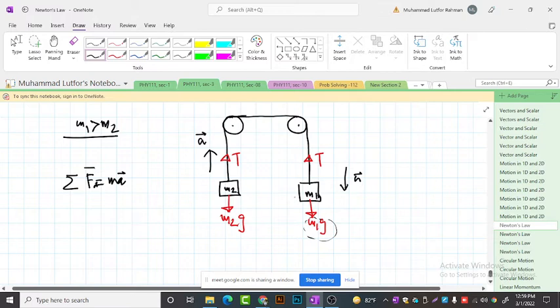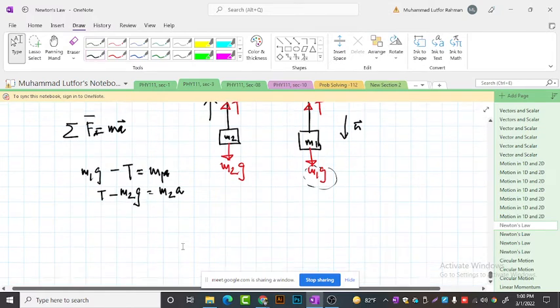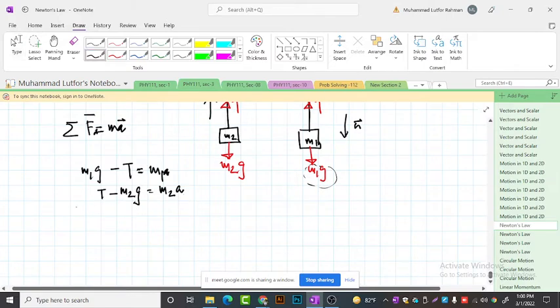If T is greater than M1G, the net force would be upward. So I write M1G minus T equals M1A, applying Newton's second law, F net equals ma. For the second mass, if M1 goes downward, then M2 moves upward, so T minus M2G equals M2A. You understand this?